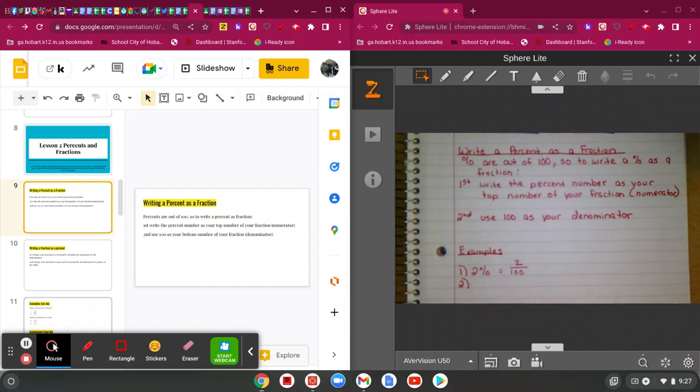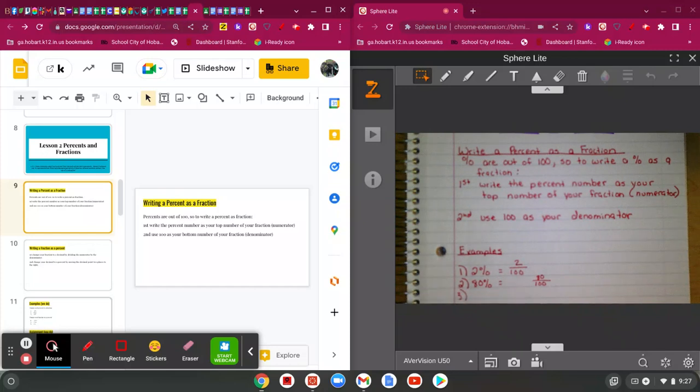Another example, if I wanted to write 80% as a fraction, you take the percent number, 80, that's your numerator. Your denominator is 100 because percents are out of 100.